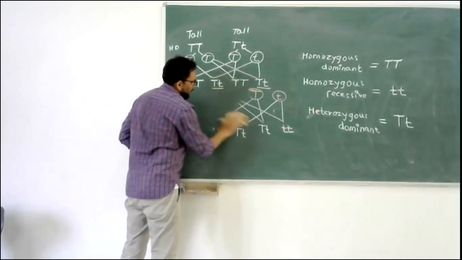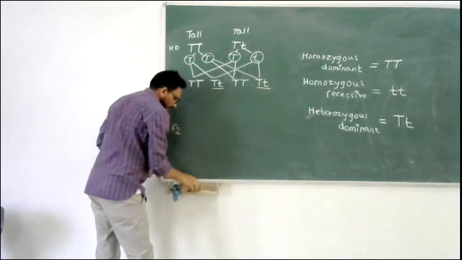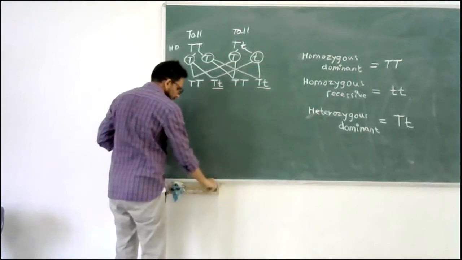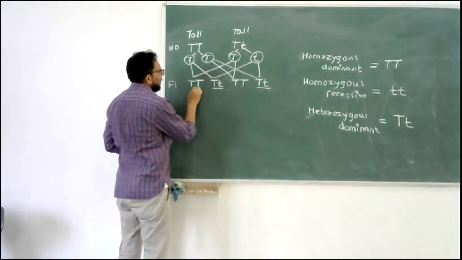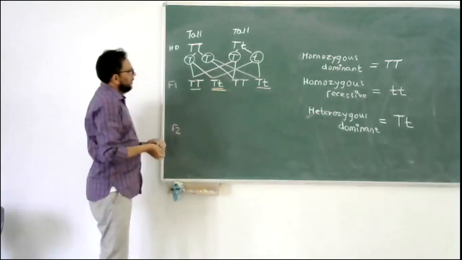Now, this is one possibility that we had seen. In the other possibility, let's say we cross these two individuals, this one and this one.